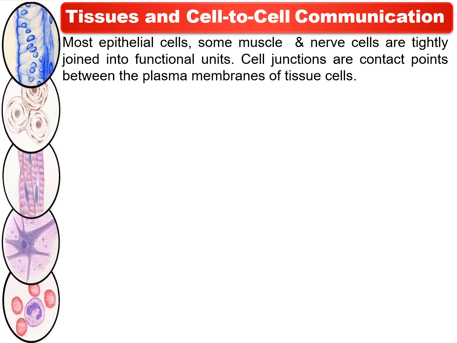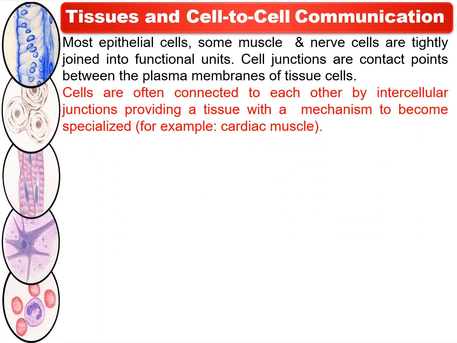Cell junctions are contact points between the plasma membranes of the tissue cells. In addition, the cells are often connected to each other by intercellular junctions, providing our tissue with a mechanism to become specialized. For example, the cardiac muscles.